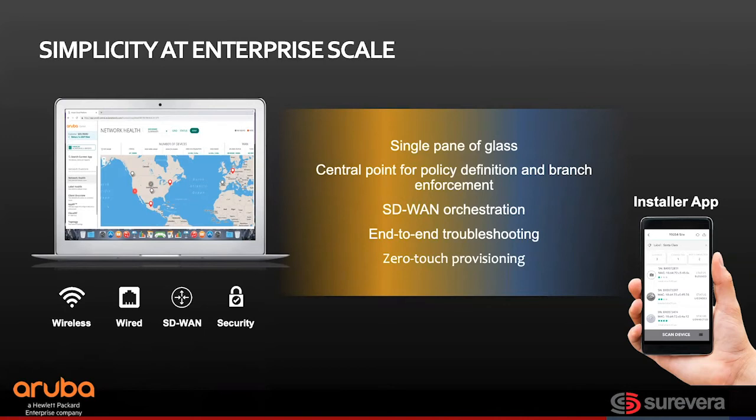So think of large retails out there, large fast food companies. To be able to get to a scale of being able to do up to 500 sites a week with minimal amounts of teams, using this installer app is a huge benefit, having that zero touch provisioning. Will, is there anything you want to talk about at this slide?